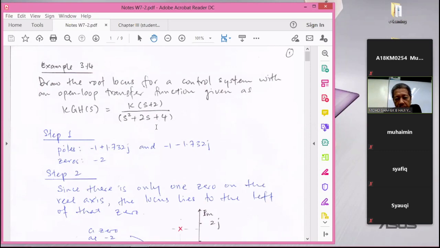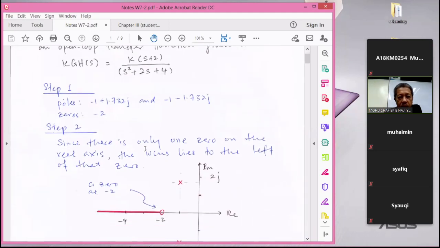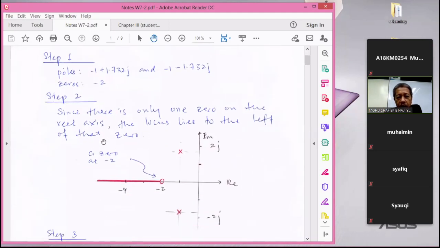This is a quadratic equation, and if you compute the roots, they are a complex conjugate pair at -1 plus 1.7j and -1 minus 1.7j. So use X for pole and O for zero and locate them on the complex plane.